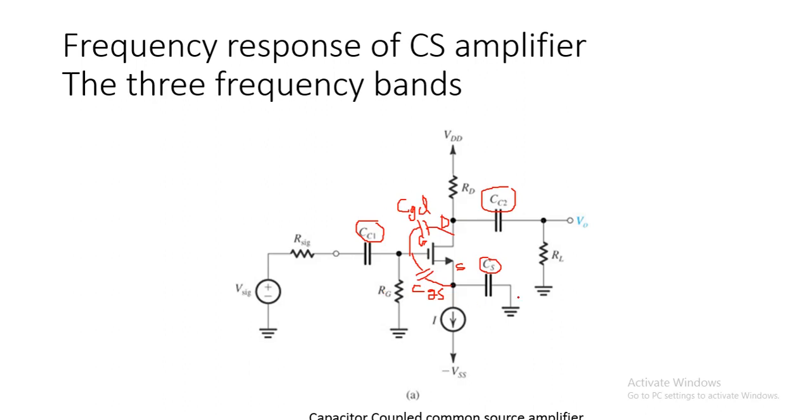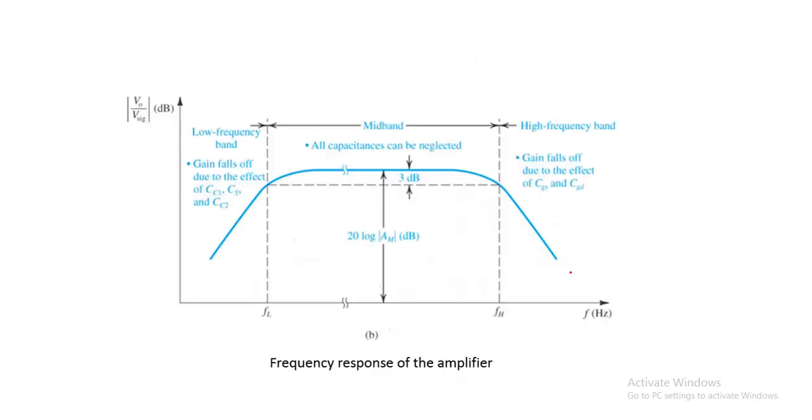So taking all this into consideration, we have the frequency response of the CS amplifier. Here you can see the gain is almost constant for a wide frequency band. This band is called mid band gain. In the mid band gain, the gain is almost constant.